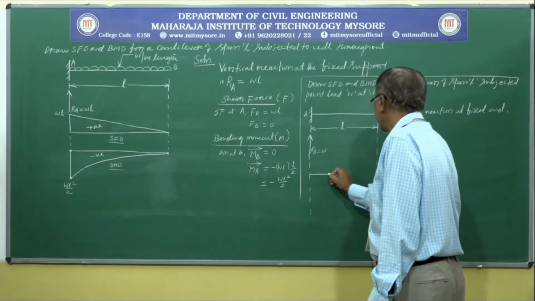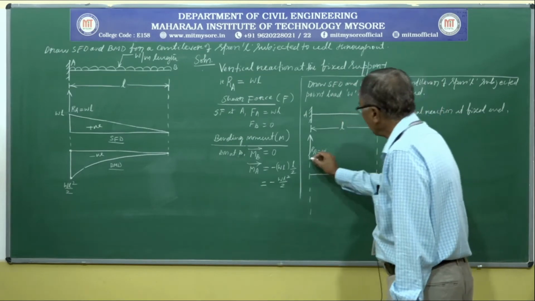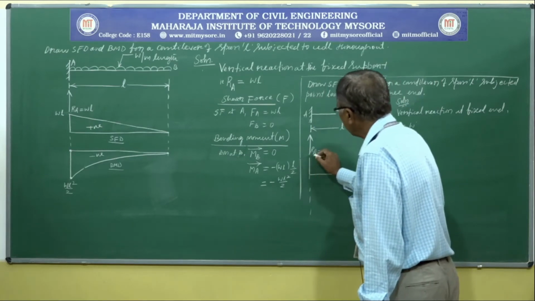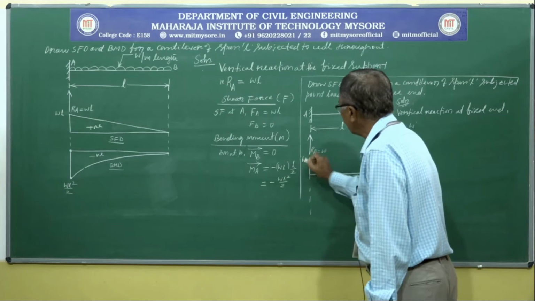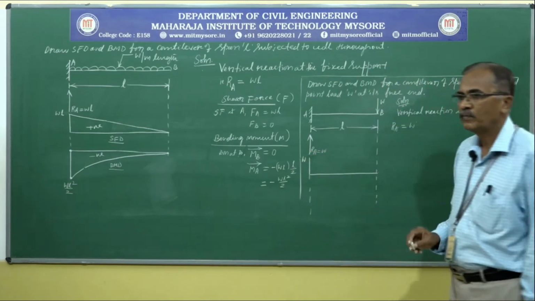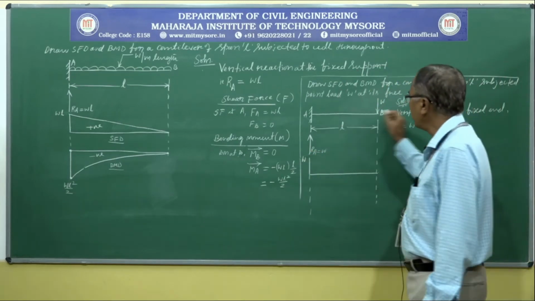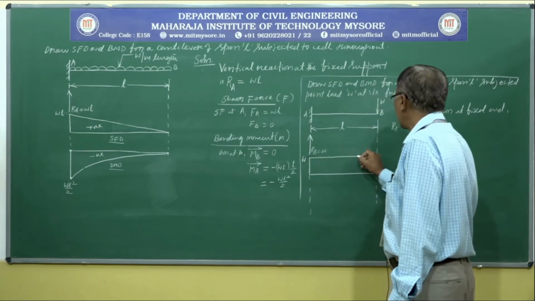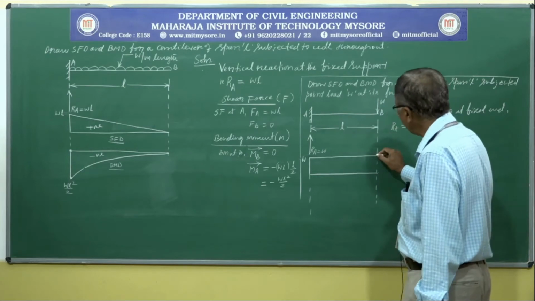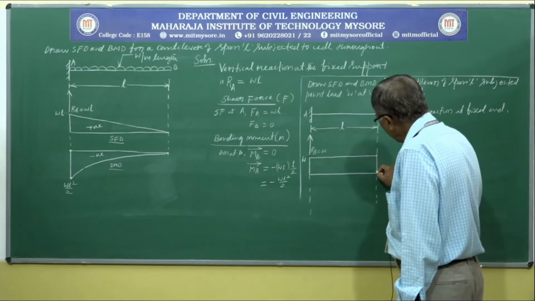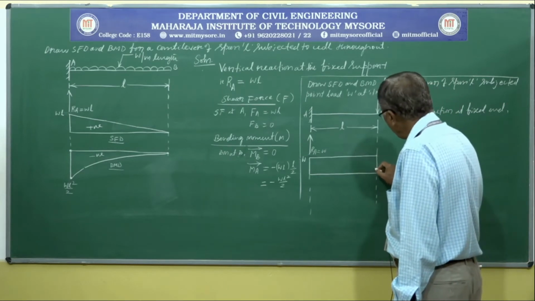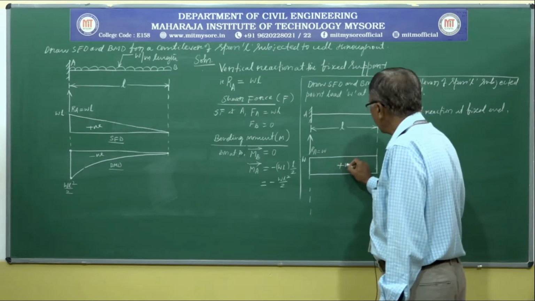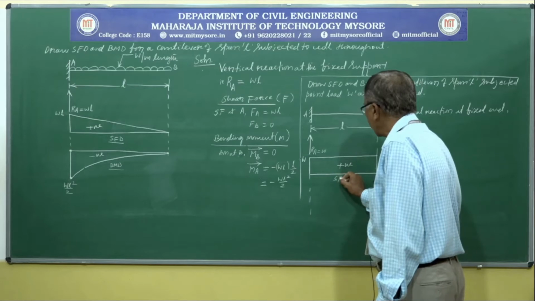Draw reference line. Go up in the vertical direction as it is a vertical load. Then between A and B, no load, so the variation of the shear force diagram is a horizontal line. At point B, there is a vertical load of W acting in the downward direction, come down and join with the reference line. It is a positive shear force diagram.